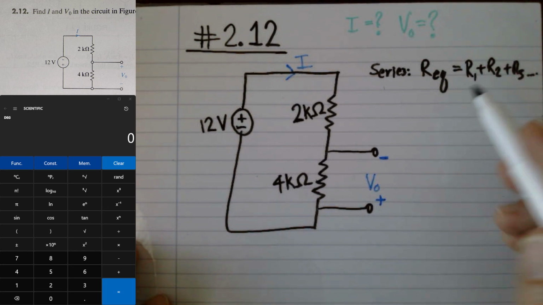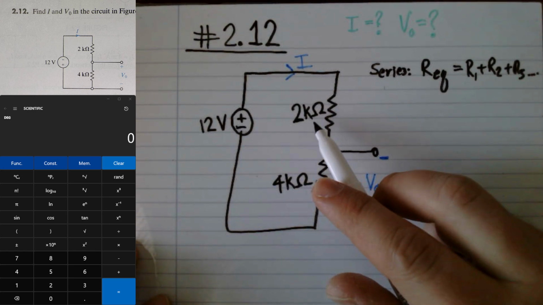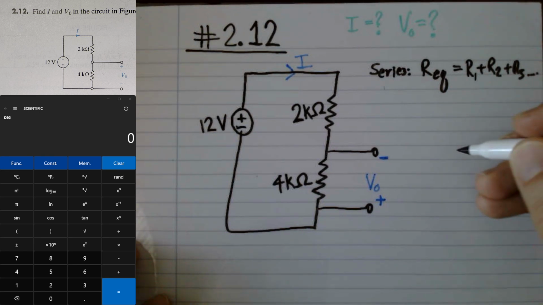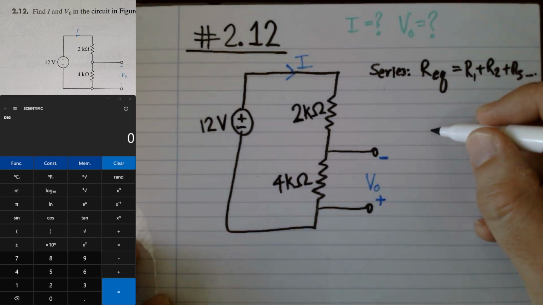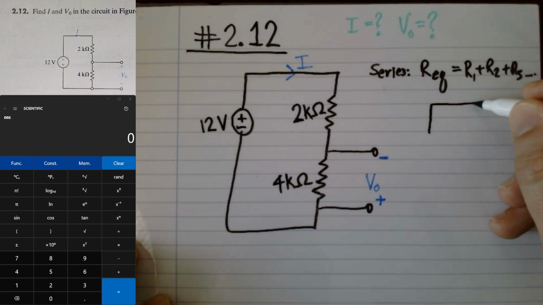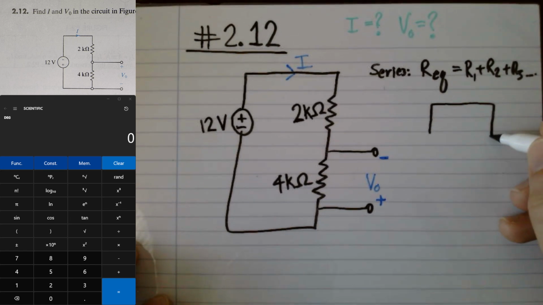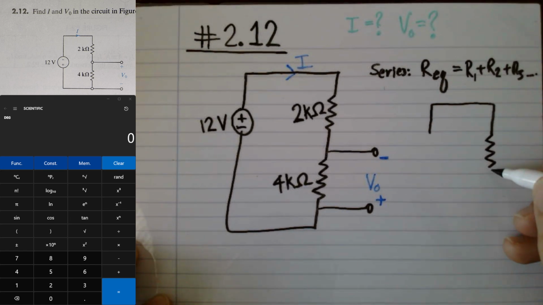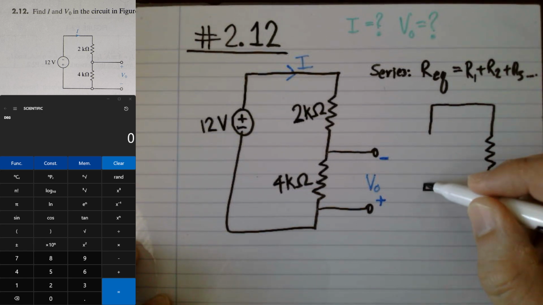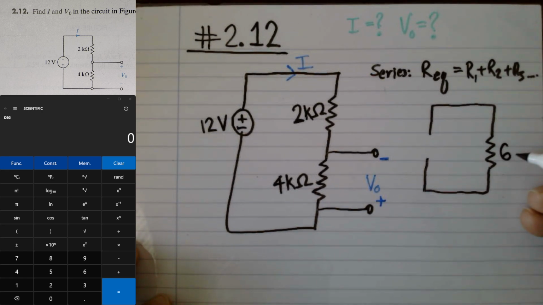So our equivalent resistance here is going to be 2 and 4 makes 6 kiloohms. So I'm going to draw the equivalent circuit here. We have one single resistor because these are acting in series, which has a value of 6 kiloohms.